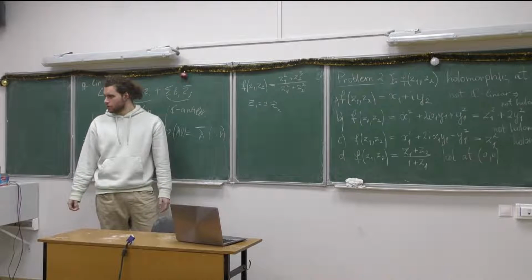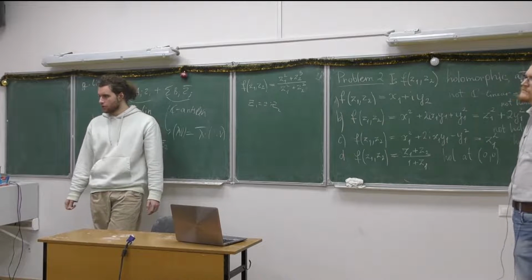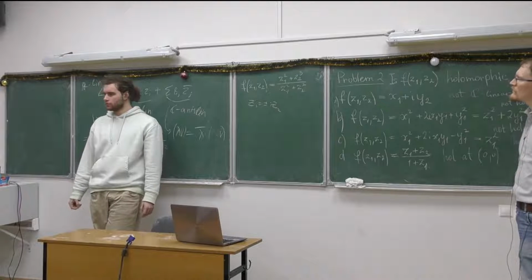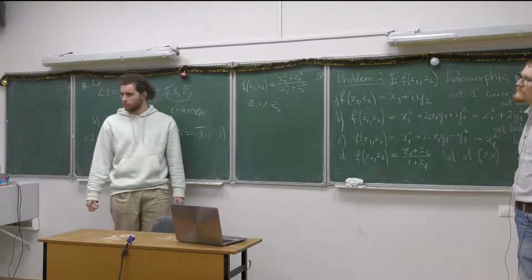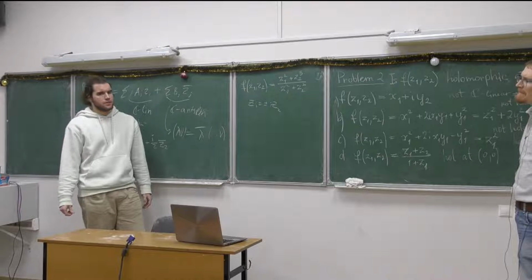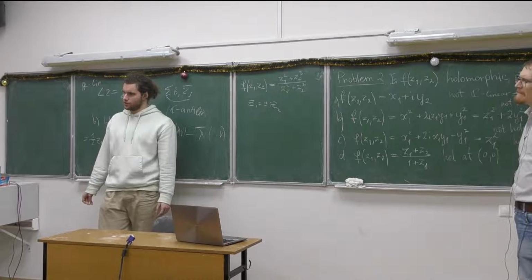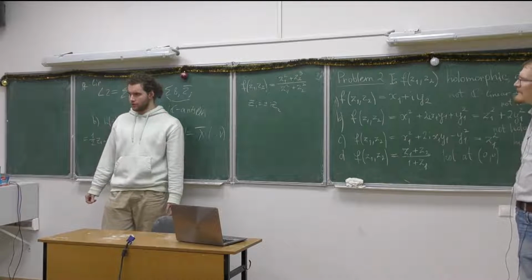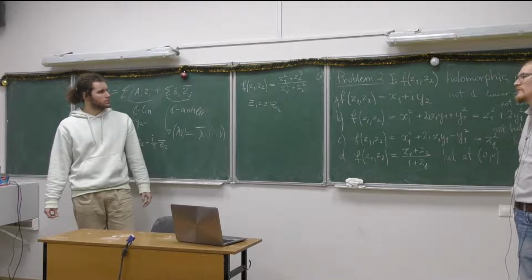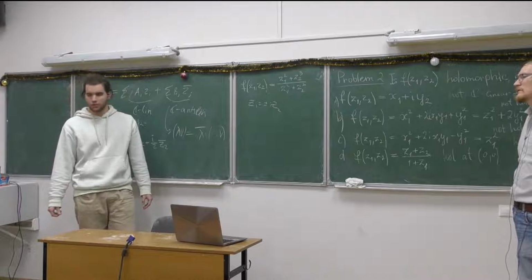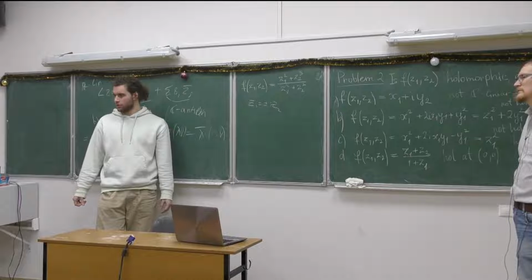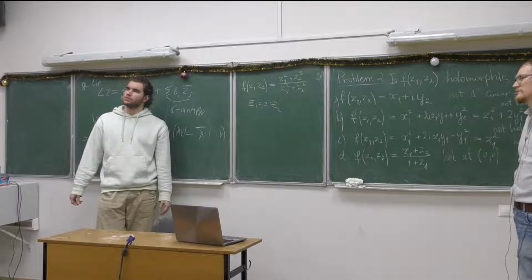One can also ask the question whether the other singularities are removable or not, whether a point on the lines, which is different from the origin, is removable. But there it's clear it is not removable because the function is unbounded. This is a reduced ratio, and if you take a generic point on the union of these lines, then near this point this function will be unbounded. That's the point.